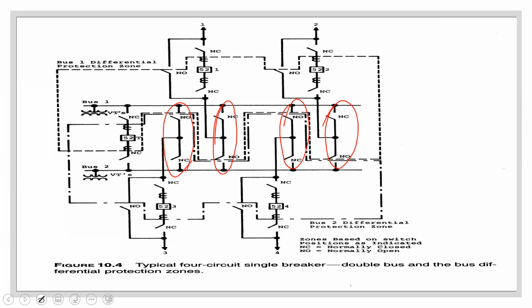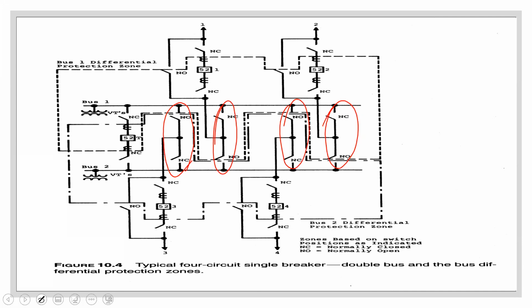What that is saying, in a nutshell, is that both of them can't be closed simultaneously. That's all it is saying. So you can only get supplied from one bus at a time. So circuit number 4 cannot be supplied from bus 1 and bus 2 at the same time.